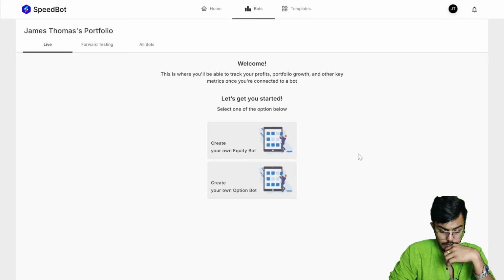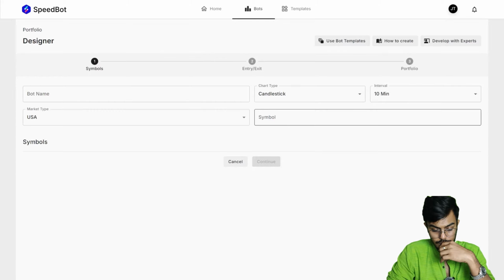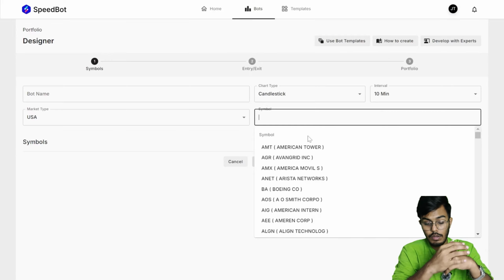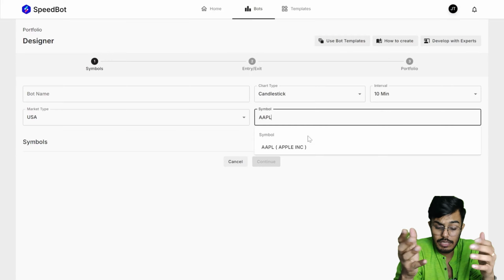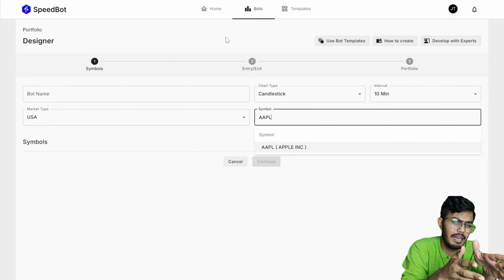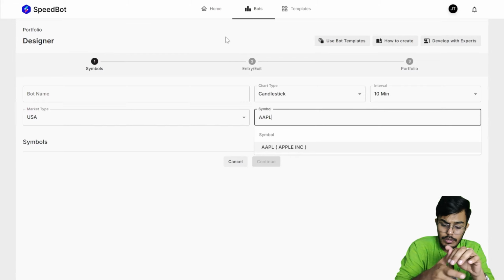Let me show you again. Let's say I would like to go for an Apple stock. I'll be able to select the Apple stock, and likewise I can add my trading indicators or price action based logic over here and create the bot.